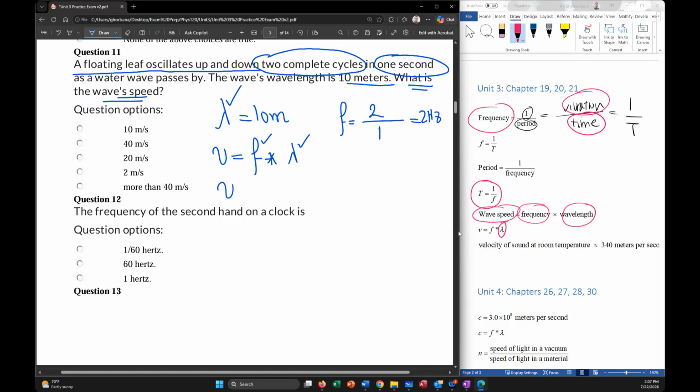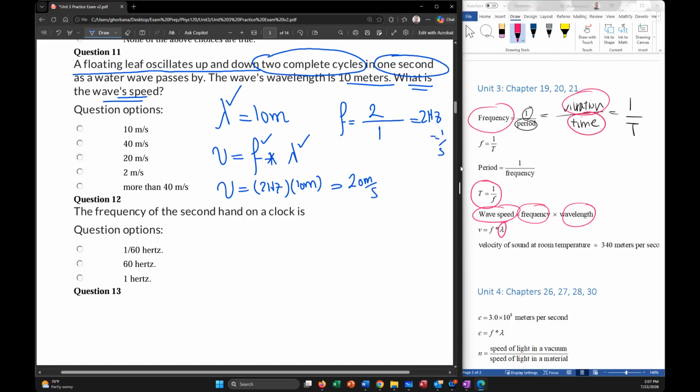Velocity is going to be 2 hertz multiplied by 10 meter. Hertz is 1 over second. So 2 times 10, it will be 20 meter per second. Yes, two oscillations happening in 1 second. That's how we can calculate the frequency.